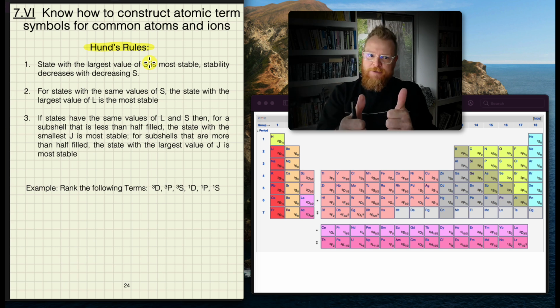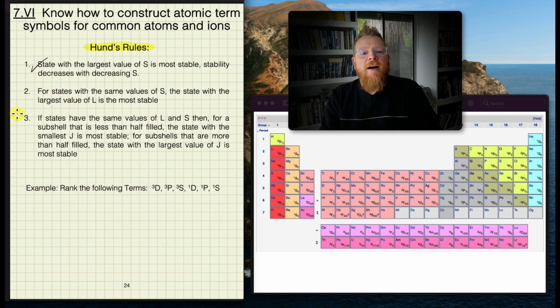If you have to pair it up, fine, but that's going to be higher in energy than unpaired. For states with the same value of S, the state with the largest value of L is most stable. So if we have multiple triplet terms that can exist, maybe a triplet P, a triplet D, or a triplet S, the one with the largest L is the most stable or has the lowest energy.